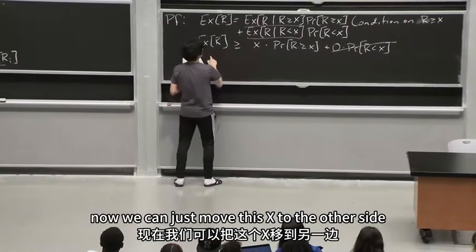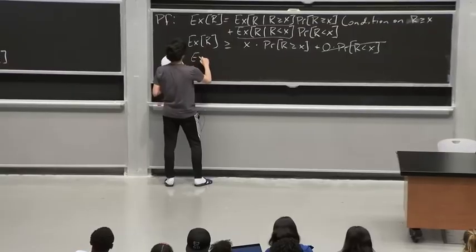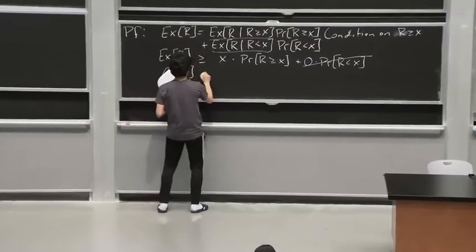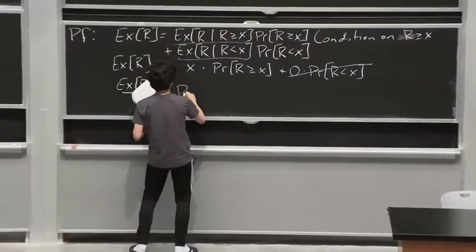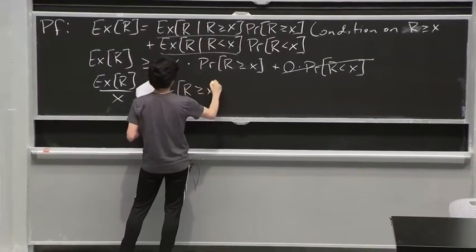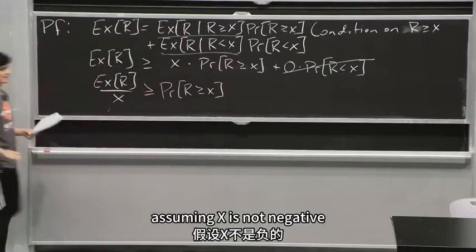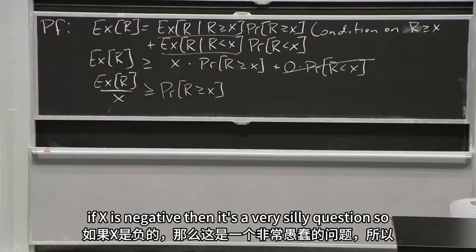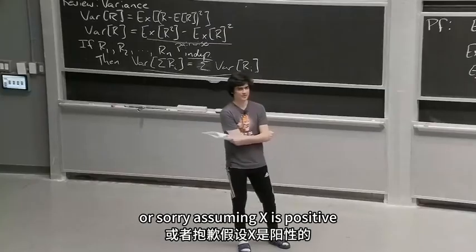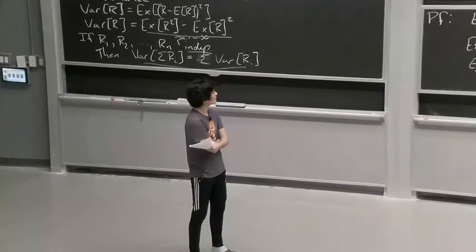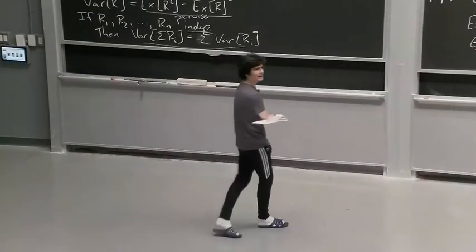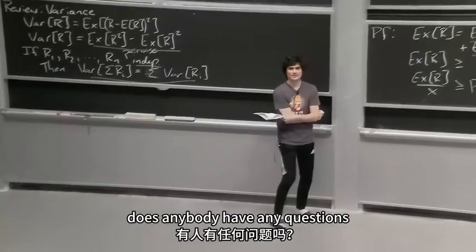Now we can just move this x to the other side, assuming x is positive. If x is negative, then it's a very silly question. Okay? Are people happy with this proof? Does anybody have any questions?